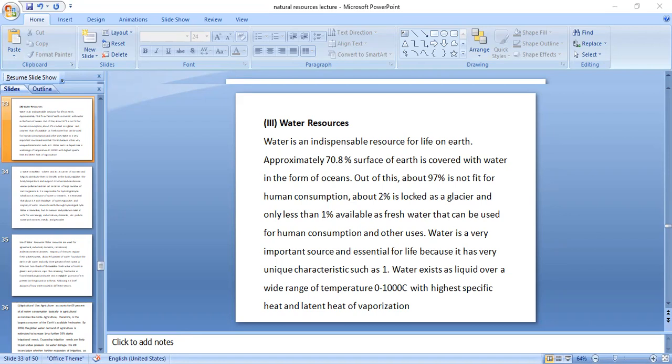Now, major benefits of dams. Under the major benefits of dams, the first is hydroelectricity generation. As in the previous lecture, we discussed that there is a continuous need on the earth to find alternate sources of energy.